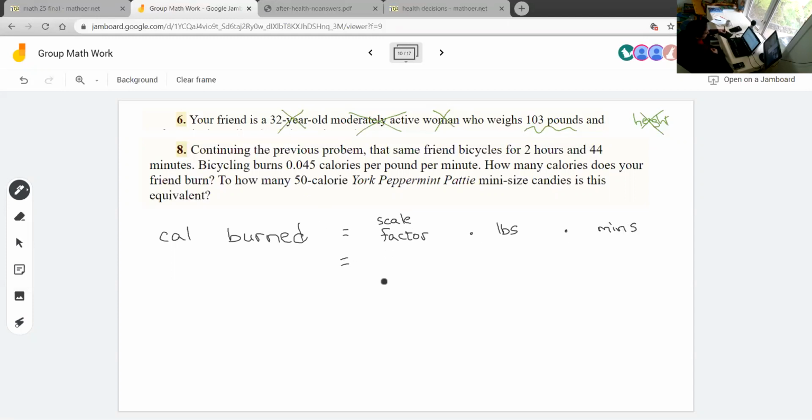The scale factor was 0.045. The pounds was the 103. And the minutes, 2 hours and 44 minutes. So I have to take this 2 hours and 44 minutes and make it something that's only minutes. How would I do that?